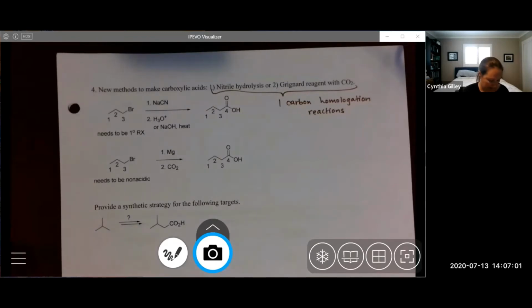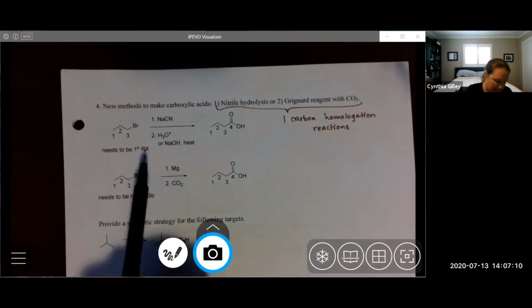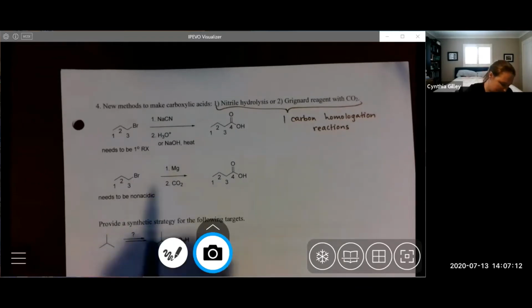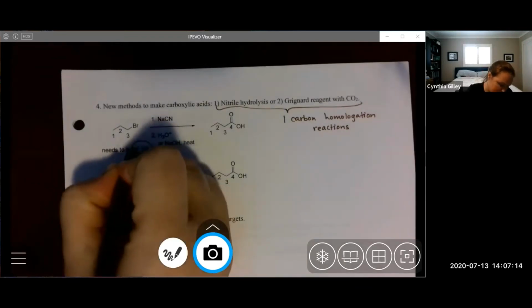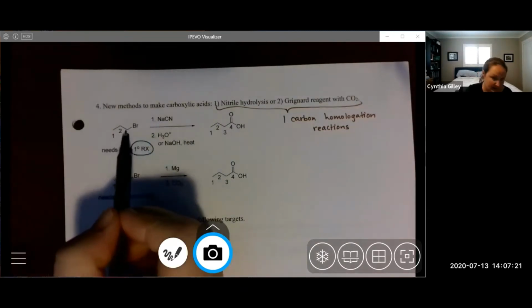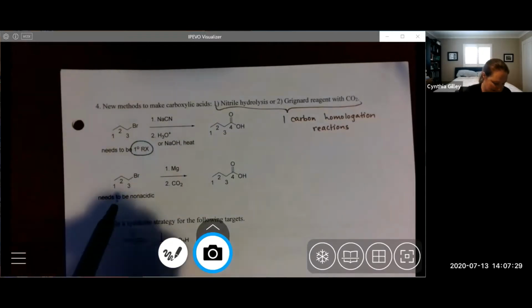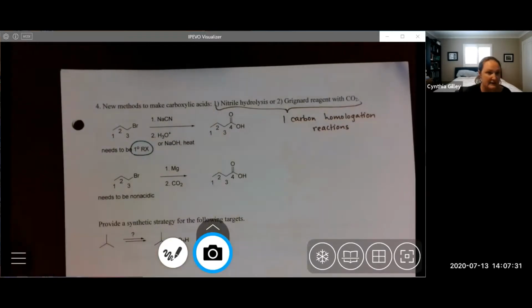So in terms of the nitrile hydrolysis reaction, note that we need to have a primary alkyl halide. The reason for that is because the first step is going to be an SN2 reaction, where cyanide replaces the bromine in an SN2 process. So because of that, it needs to be unhindered. Whereas for the Grignard reagent, it doesn't necessarily need to be unhindered.